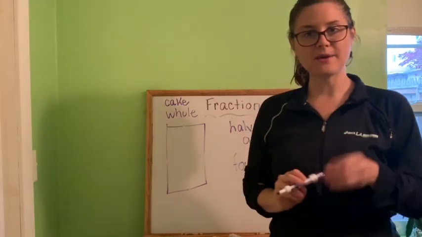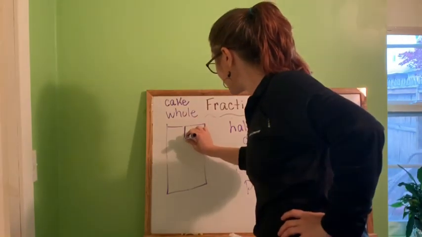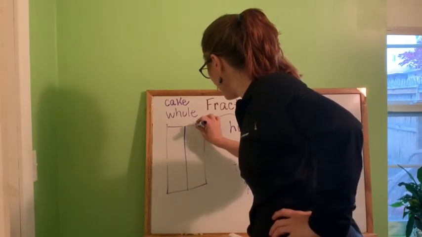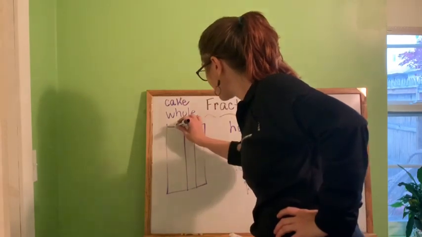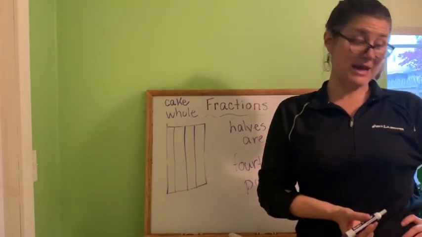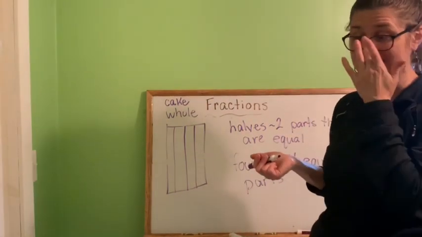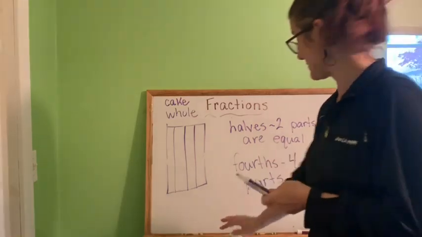Can anyone think? Oh, we could go down the middle and then split each of those halves again. Now, I never cut my cake like that either because those are really long pieces, but that works, right?